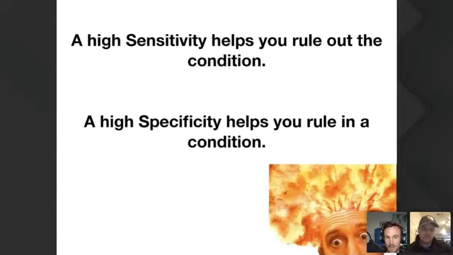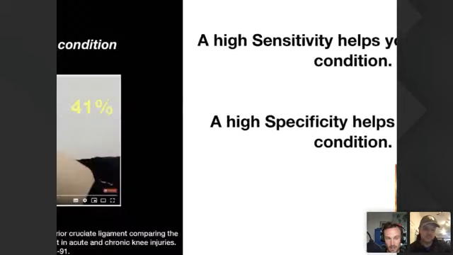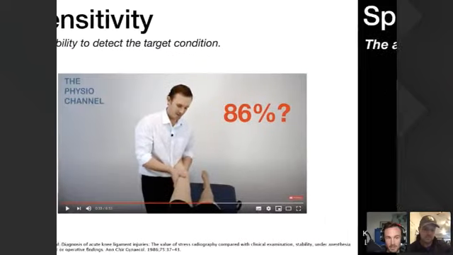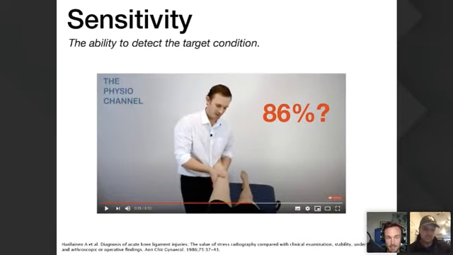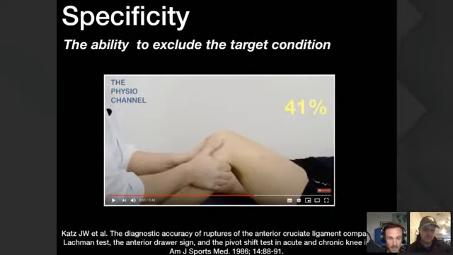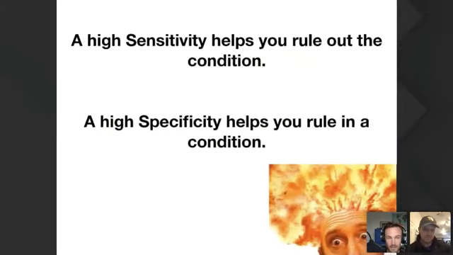So a high sensitivity helps you to rule out the condition. I'm just going to go back a couple of slides. So we've just said that sensitivity is the ability to detect the problem, to detect the pathology, the target condition. So a high sensitivity helps you rule out the problem, because if you test them and the test is negative and it's a very highly sensitive test, then it's most likely that the condition is not there.